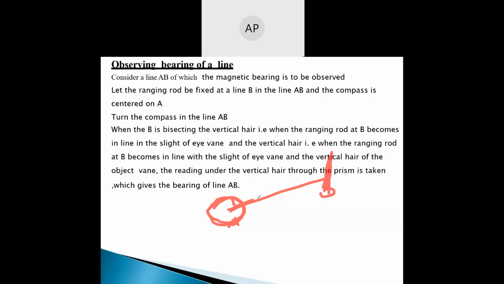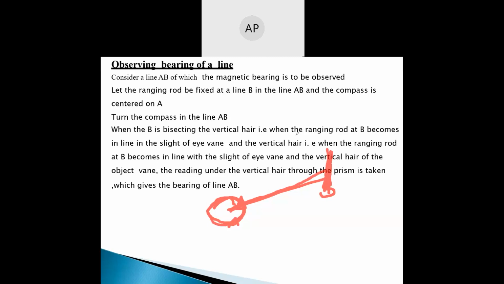Then you have to sight the ranging rod at point B when B is bisected by the vertical hair. With the help of the prism, you have to see the cross here, and it will bisect the ranging rod.